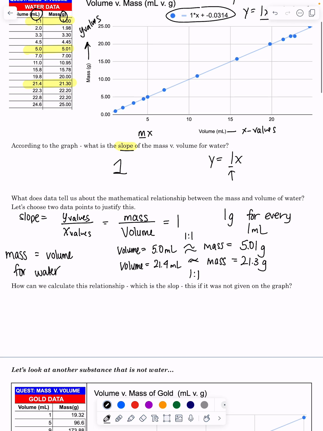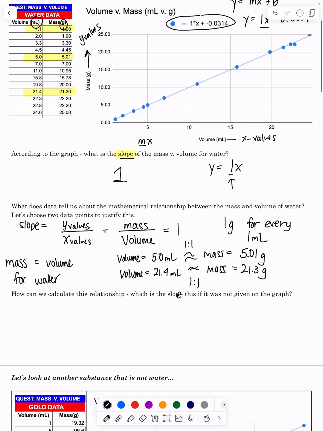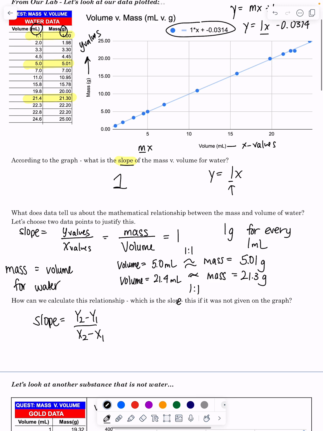How can we calculate this relationship, which is the slope, if it was not given on the graph? Well, don't forget to calculate slope. It's y2 minus y1 over x2 minus x1. I've already circled 2 data points. Remember, our x values were volume, so this could be x1, this is y1, this is x2, this is y2.